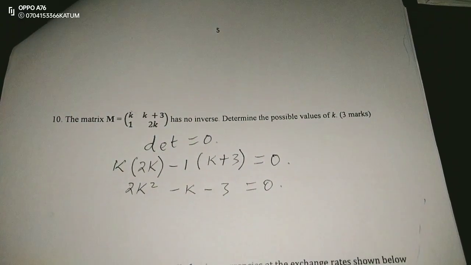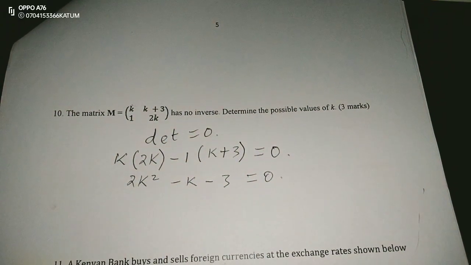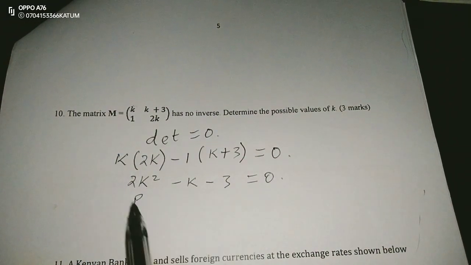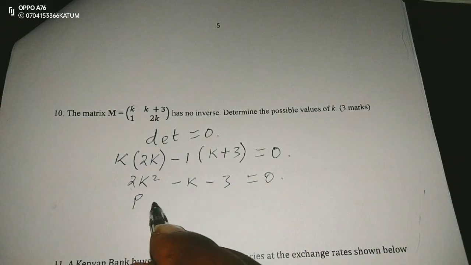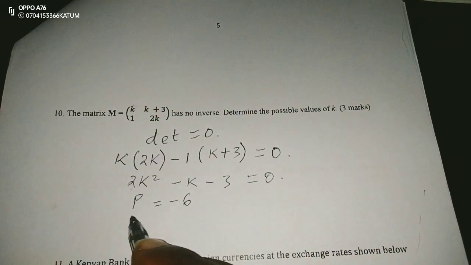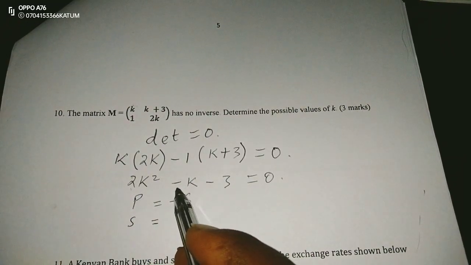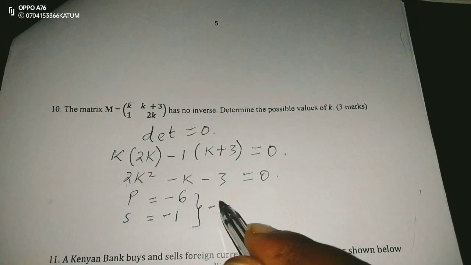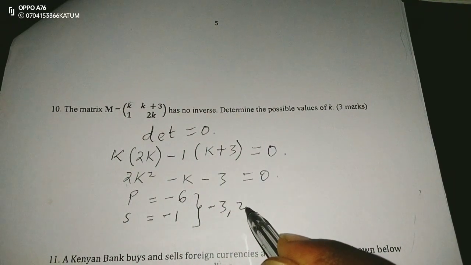So now this is a quadratic equation and we have to solve it. We need a product of A times C, which is -6, and a sum equal to the value of B, which is -1. So we're going to have -3 and +2.